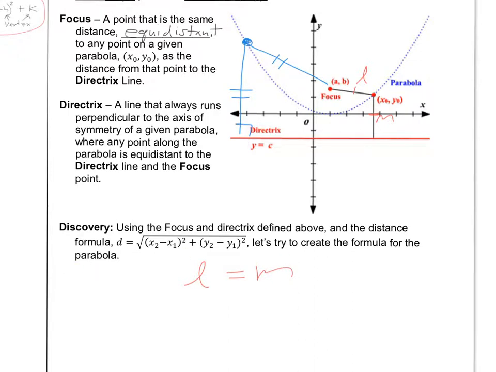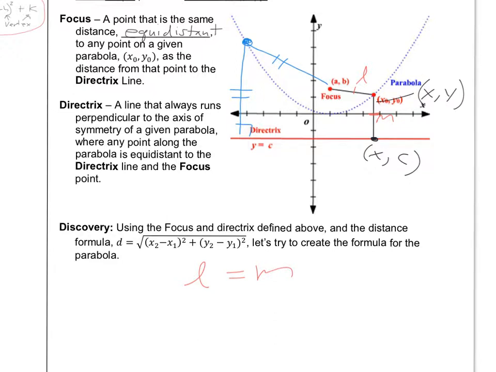So since we know the distance formula, let's write the distance of L and the distance of M using a and b, x and y, and then this line y equals c. What that means here is that this point, wherever that line connects, wouldn't this be x, comma, if y is c, and this would just be c. And here, I'm going to say you could just call this x and y for now, for this equation.